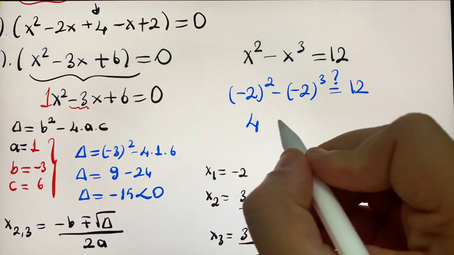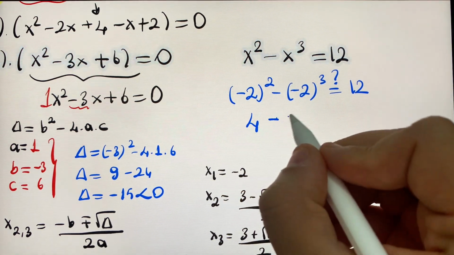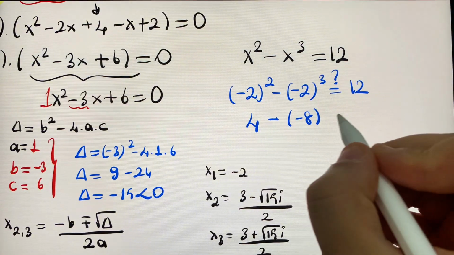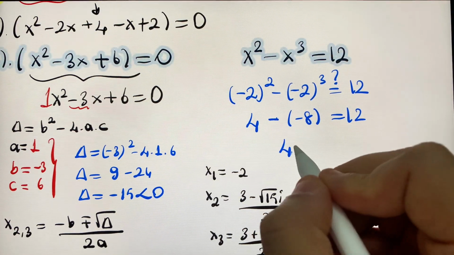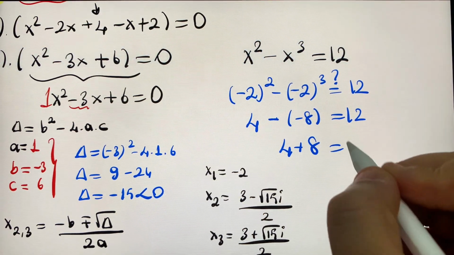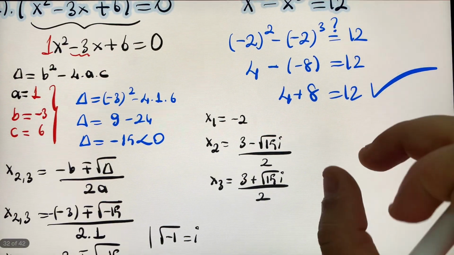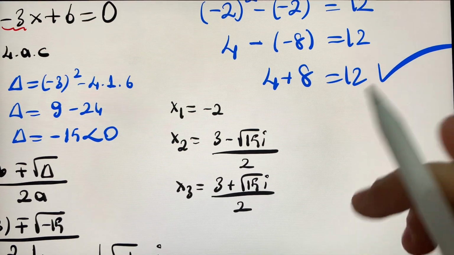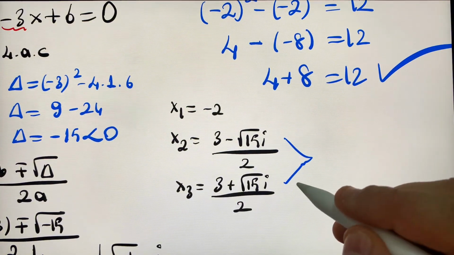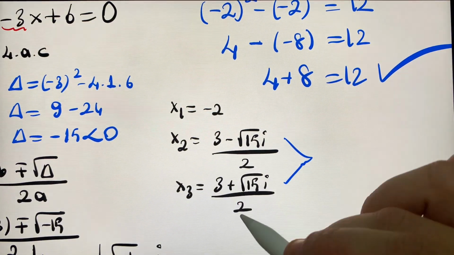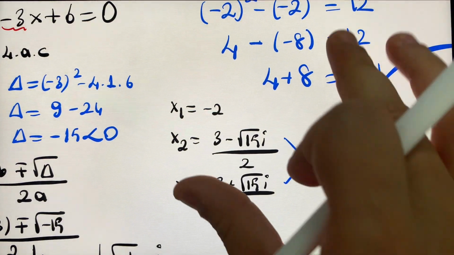Minus 8 is equal to 12 if we arrange: 4 plus 8 is equal to 12. For the other roots, please try writing them in place of x in the question. What did we call them? We said conjugate roots. One is minus and one is plus.